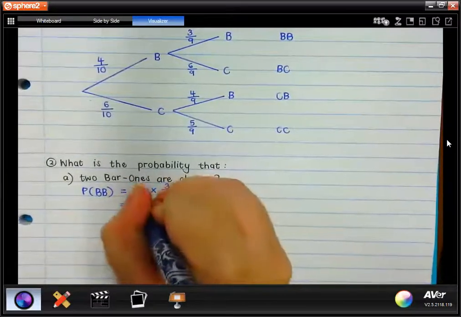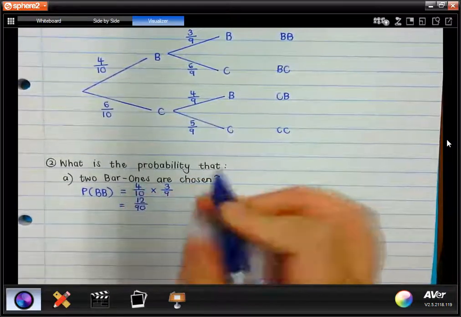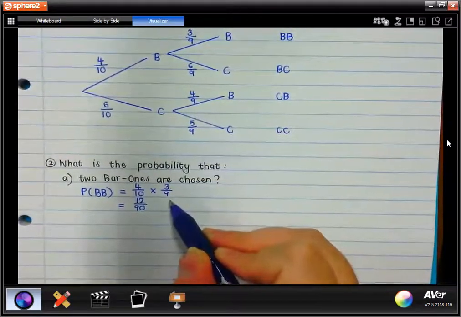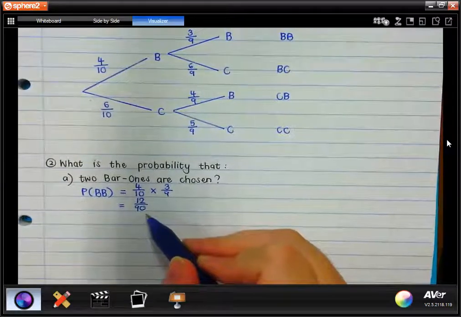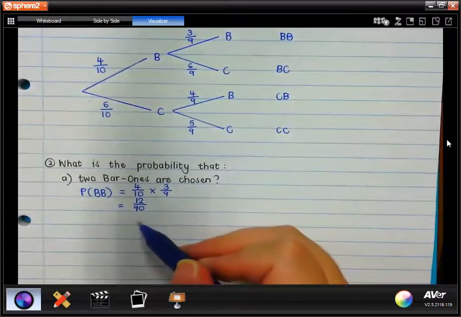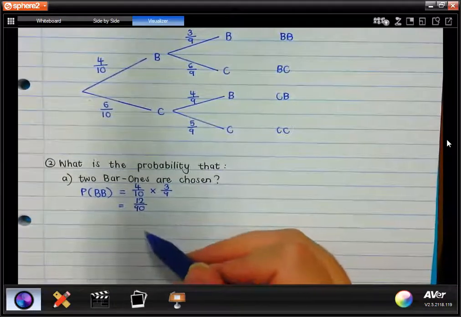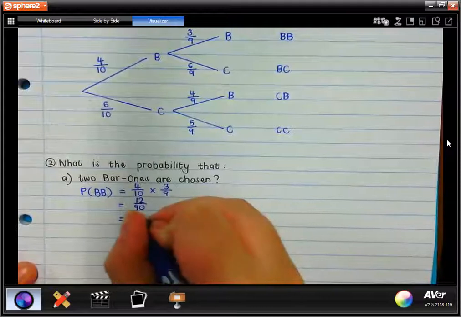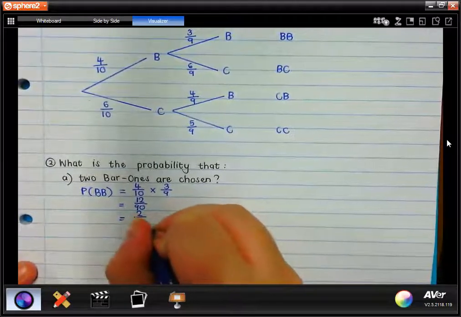That is 12 over 90, because 4 times 3 is 12 and 10 times 9 is 90. All right, but you can't leave it like that. You do have to now simplify the fraction, because we're not on the actual tree diagram now. So when you simplify that, it ends up giving you 2 over 15.